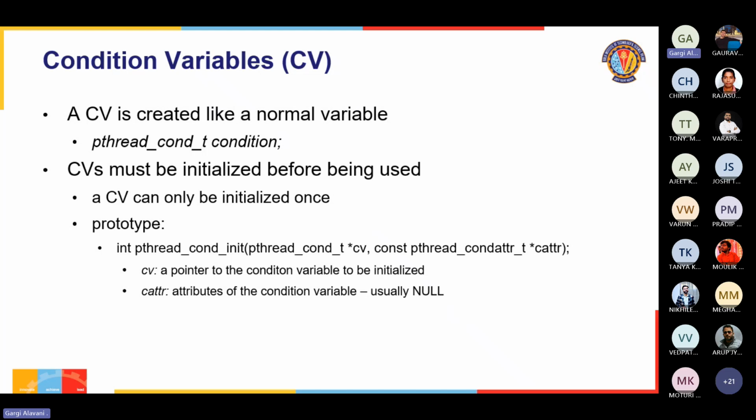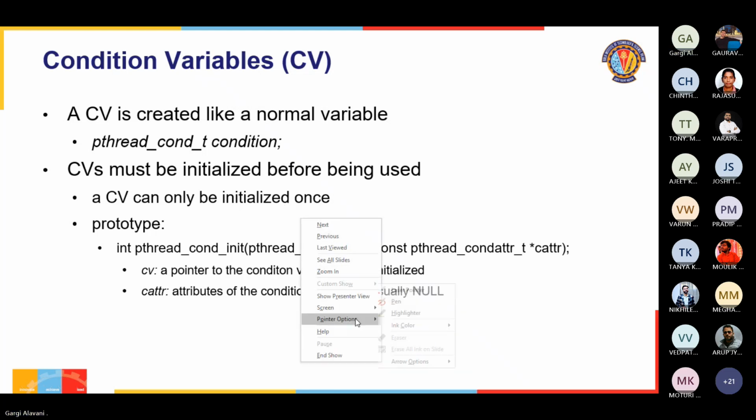So, continuing with the discussion on condition variables, they are created like normal variables in pthreads, where we say pthread_cond_t condition variable, and these must be initialized before being used, and can be initialized only once.